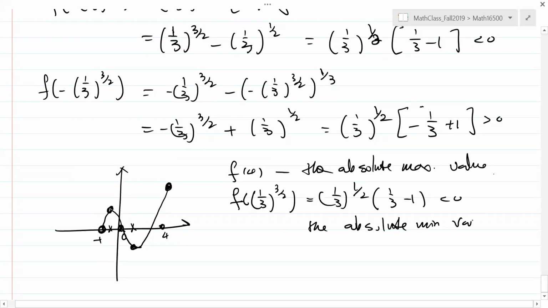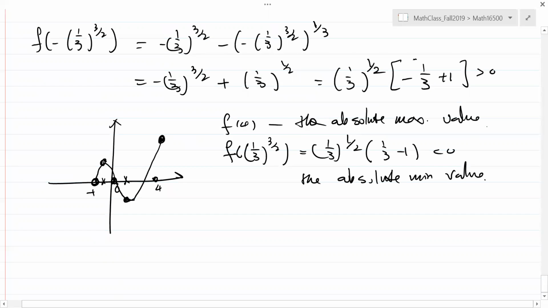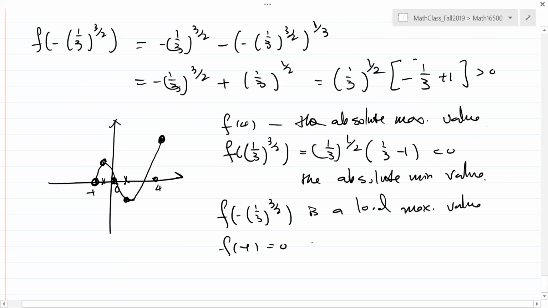If this picture is correct, then you also have one local minimum value and one local maximum value. f of negative 1/3 to the 3/2 is a local maximum value, and f of negative 1, which is 0, is a local minimum value. So you get more than what we need.